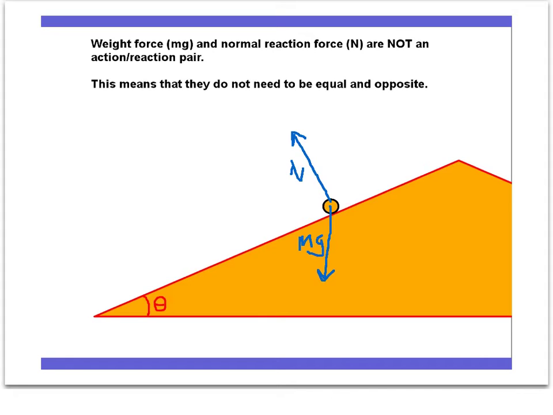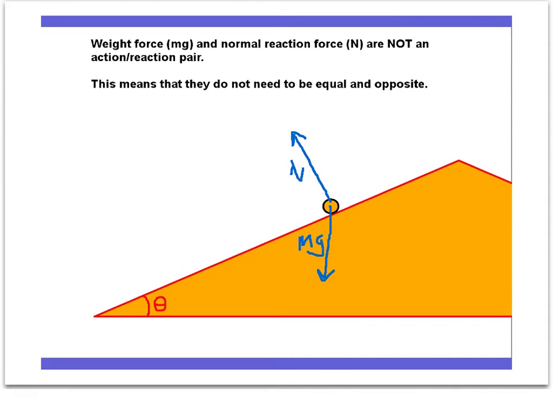So what we're interested in is the components of this weight force that act parallel to the slope and perpendicular to the slope. Because it's this component of the weight force that acts down the slope that pulls the object down the slope.